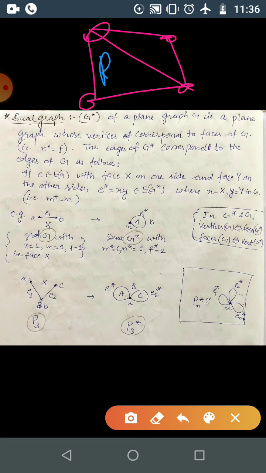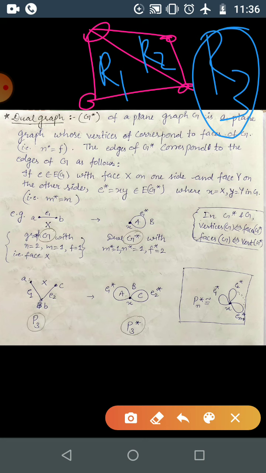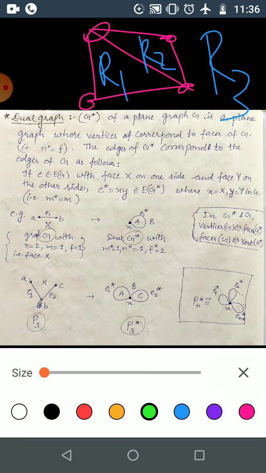This is region 1, this is region 2, this is region 3. This outer territory is unbounded, the outer region, and these are inner regions, or interior regions. R3 is exterior, so R3 is unbounded, and R1 and R2 are bounded.